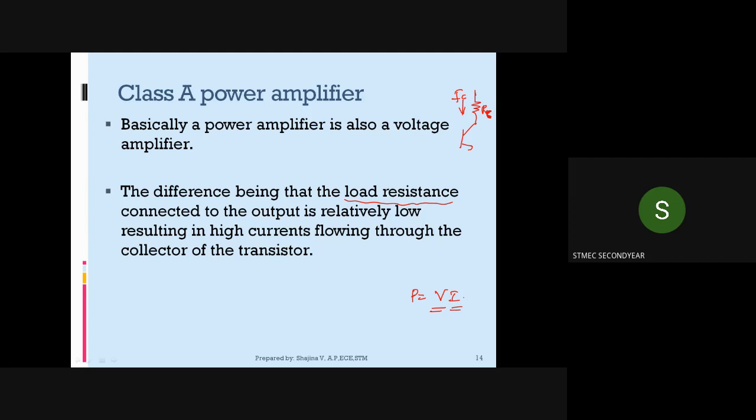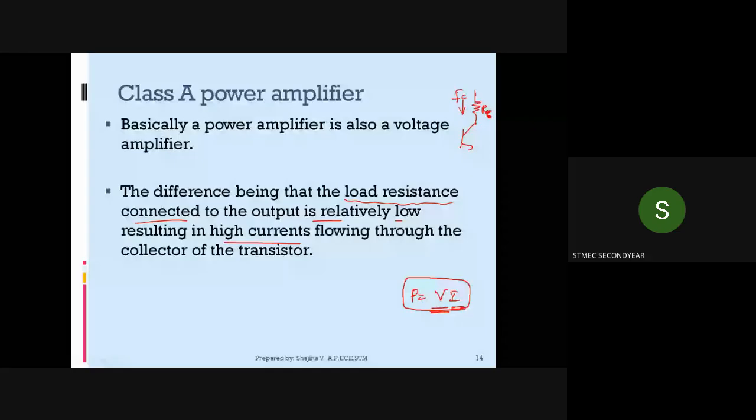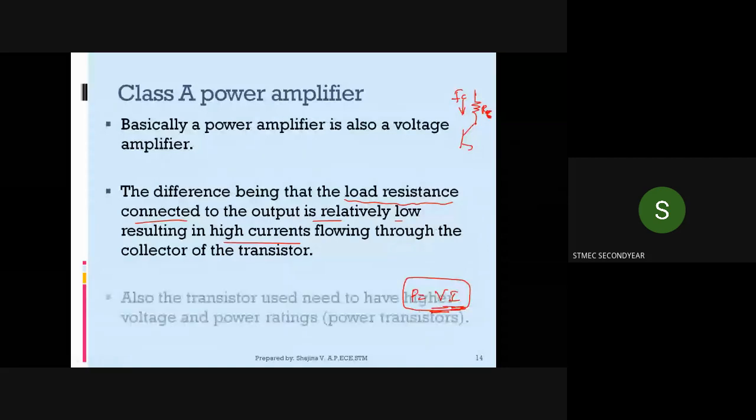So in order to obtain this high current, we are making the load resistance connected to the output relatively low, resulting in high current. The product V into I will be high. So we can obtain high power at the output signal, right? So that is the major difference.